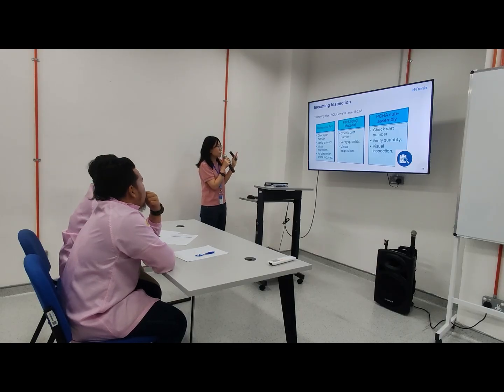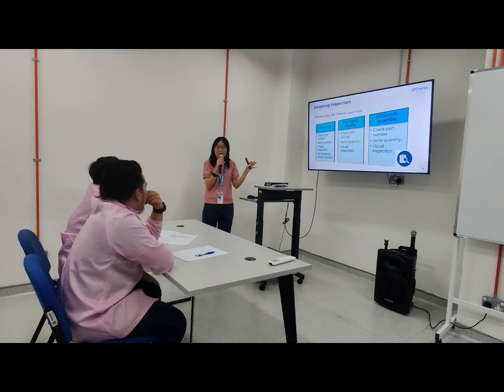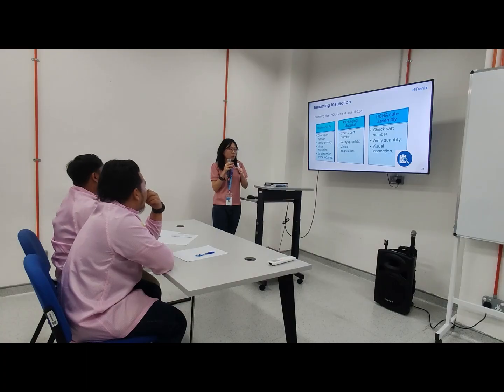For mechanical parts, we normally check the part number, verify the quantities, and conduct visual inspection to see the packaging condition, and then check the mechanical parts. No dimension check is required because this product is consigned from our customer for the hunting camera project. The customer side already conducted all the IQA check before shipping to us, so our side doesn't need to conduct the dimensional check.